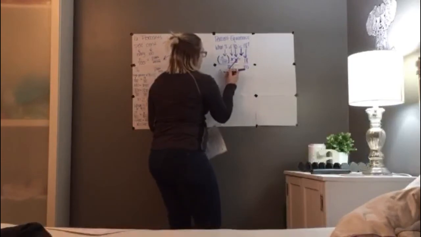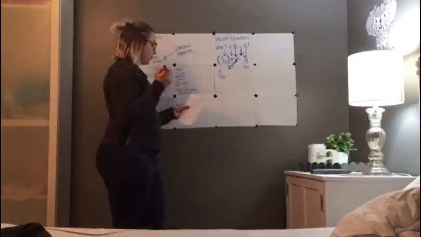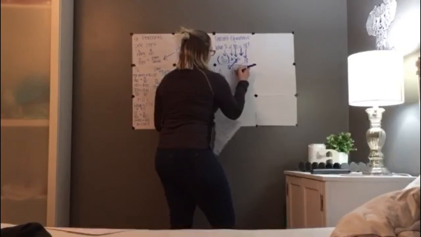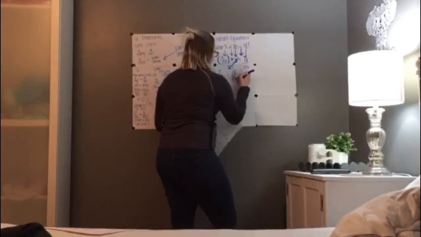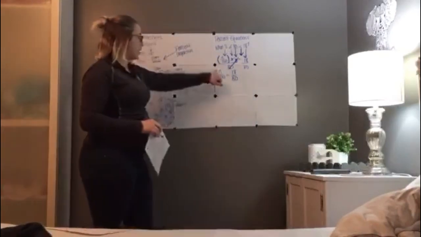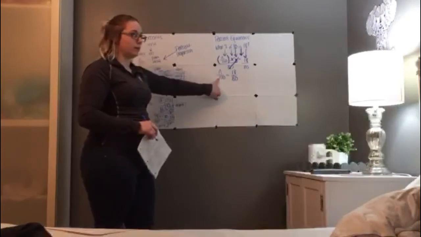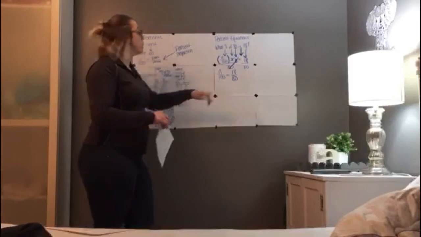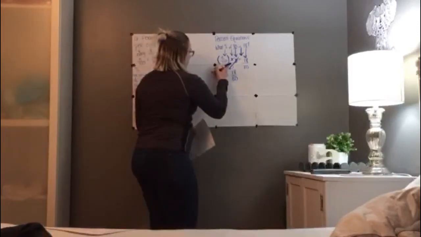So these would cancel out, and you would get n over 100 equals 18 over 80. So if you're dividing by 100 on this side, what would you have to do to get rid of that? Multiply by 100.